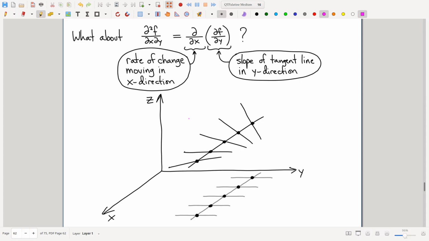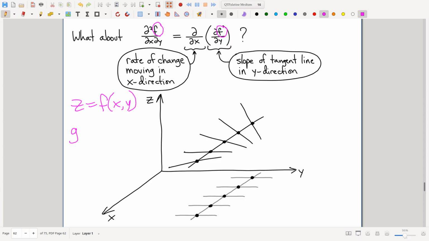But let me remind you, this function that we're looking at, let me use purple, this function of which we're going to do a second partial, what we're looking at here is the graph of that function.